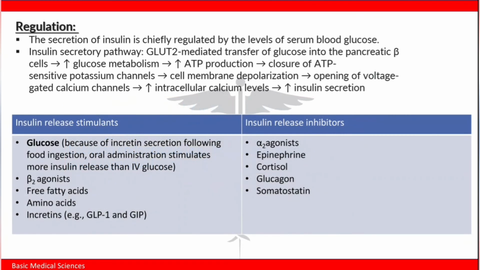Right, let's talk about the regulation of insulin secretion. The secretion of insulin is chiefly regulated by the levels of serum blood glucose. Insulin secretory pathway, right?